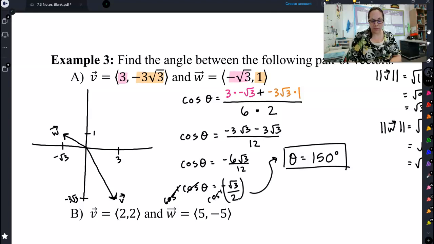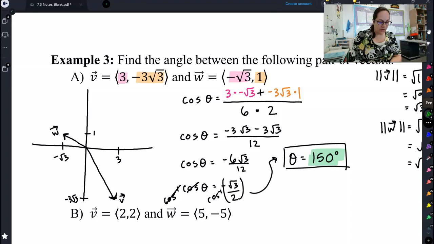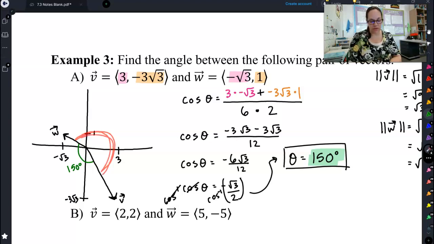Now, before we move on to the next problem, I want you to notice that the angle it gave me, this 150 degrees, is the smaller of the two angles. And I want you to think for just a second, why did it give me the smaller angle between these two vectors instead of this bigger angle between those two vectors? And will it always give you the smaller one, or will there be times where it gives you the bigger one?